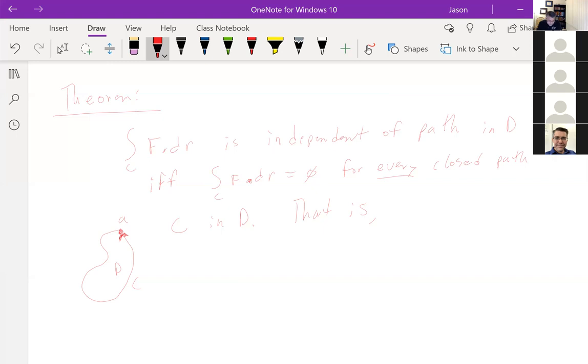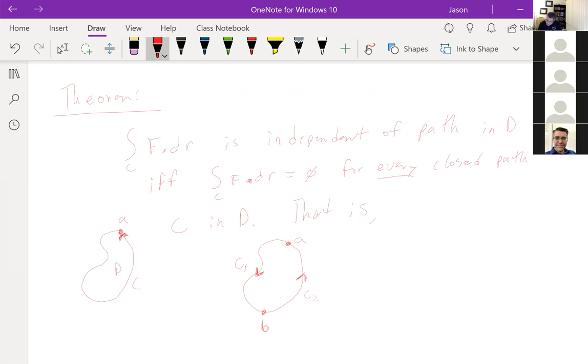How do we define this a little bit better? Well, if I put an extra point here, point A and point B, then I can say that as I go from point A to point B, I'm going to call this C1. And then as I go from point B back to A, I'm going to call this C2.